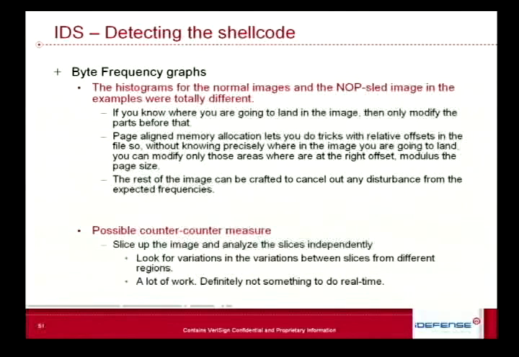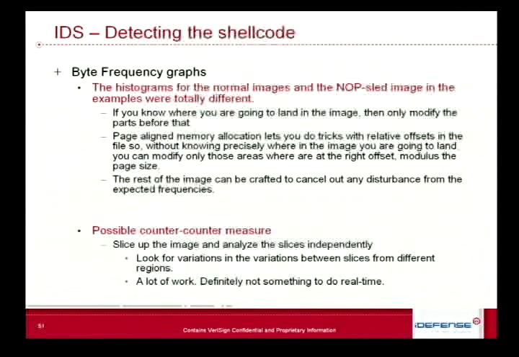You can tell roughly where you're going to land in an image also using page alignment tricks. Basically, you only have to know the last 3 bytes of where you're going to land. And if you repeat the modifications only over the parts after where you're going to land, and repeat that every page size, you can keep the rest of the page the same and modify everything to cancel out the analysis they could do.